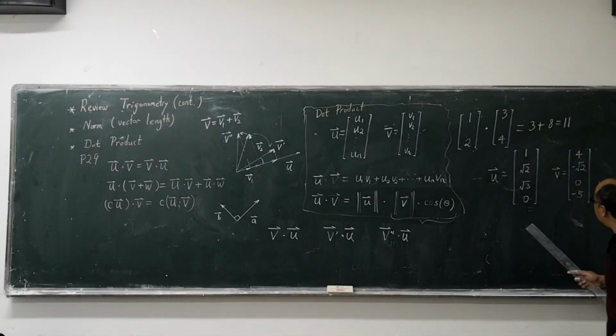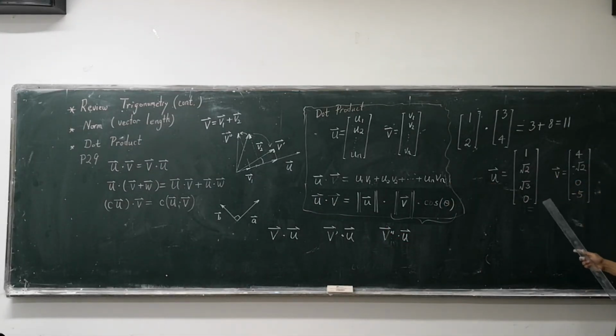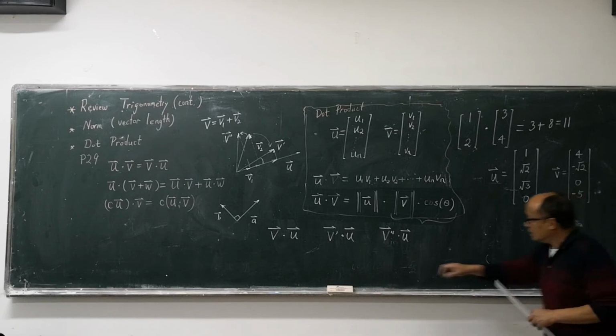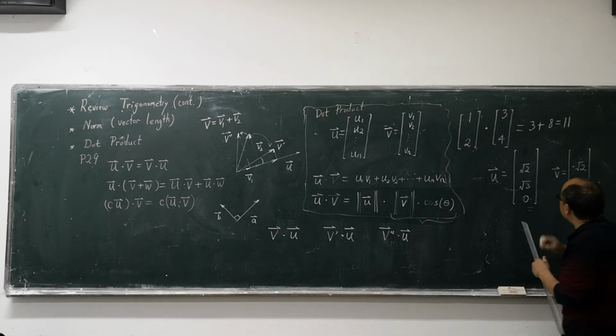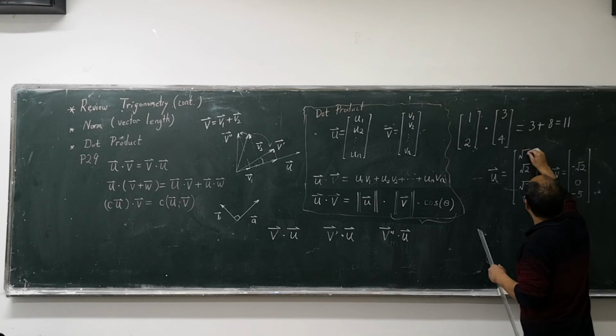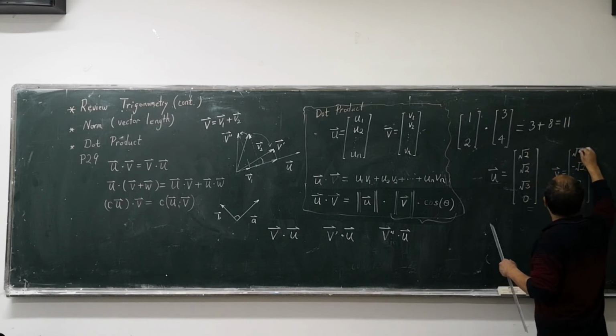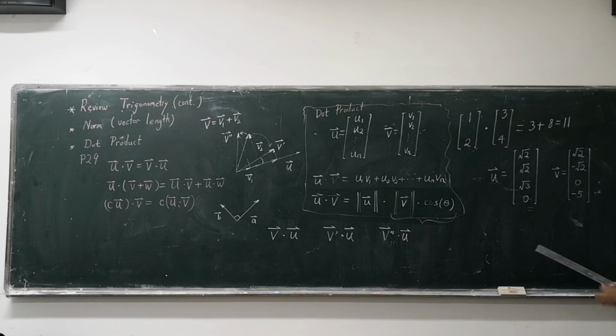Let's say accidentally the result is not 0. But if I modify this question, okay, these are two vectors. What's the dot product? 4 plus 2, 0.